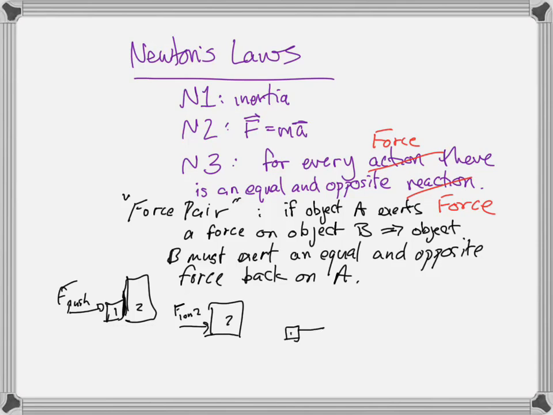So this is box 1, and this is F2 on 1. Because they're in contact with each other, if one exerts a force on the other, the other must exert a force back. But the thing that Newton's third law tells us is that this is a force pair where those two are equal. Doesn't matter what the masses of the boxes are, doesn't matter how hard I'm pushing, those two forces are always equal. That's what Newton's third law tells us. Those two are a force pair.